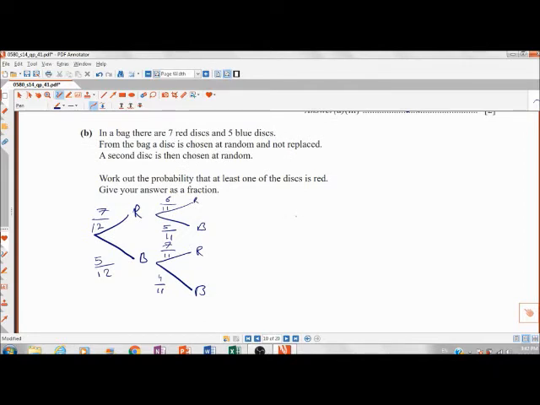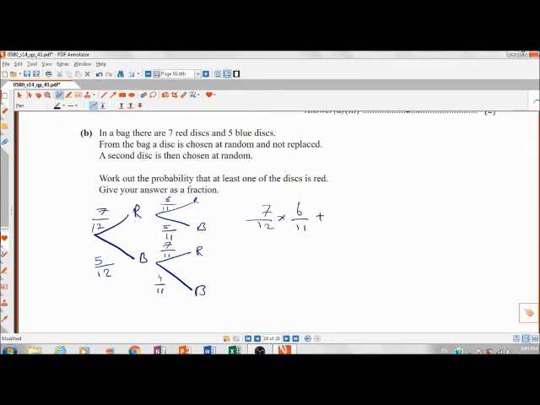So what do they want here? Work out the probability that at least one of the discs is red. For this one, either red, red. So we do 7 over 12 times 6 over 11, plus, this is the first probability.